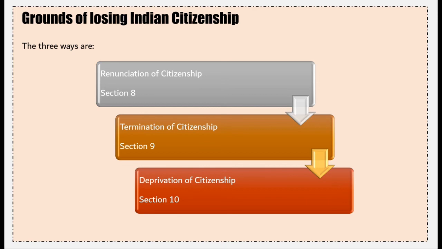Third, deprivation of citizenship, Section 10. Deprivation means compulsory termination of citizenship of India.